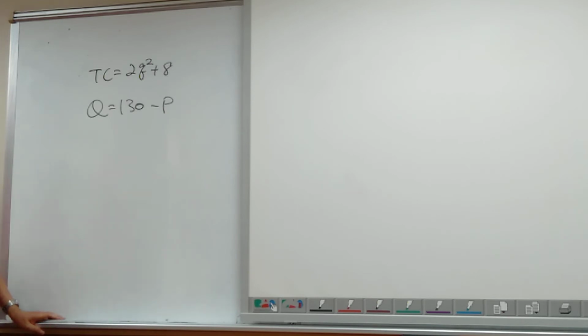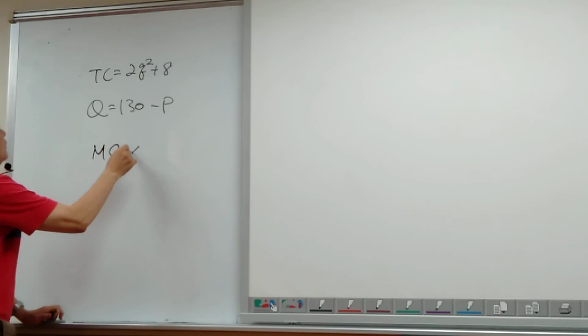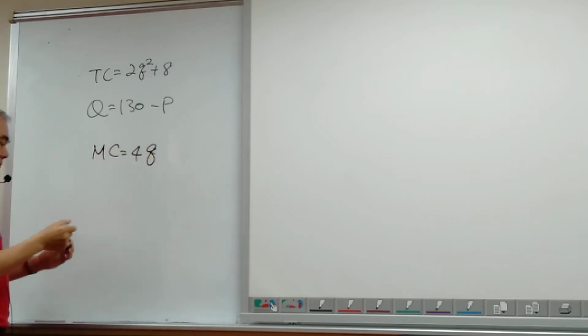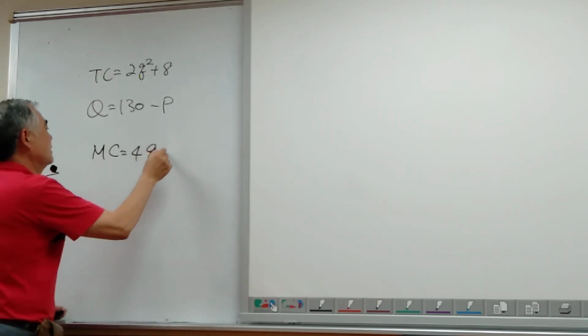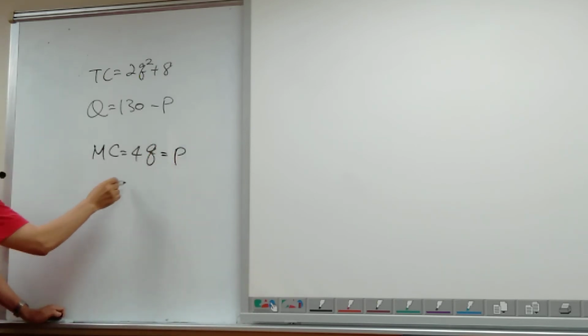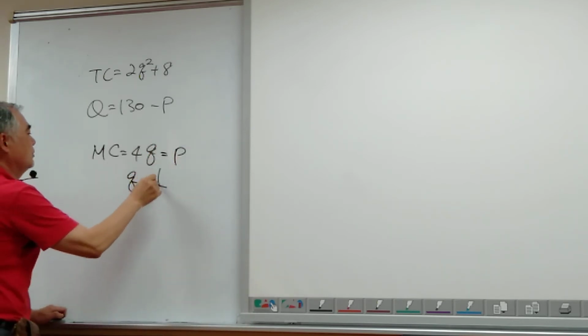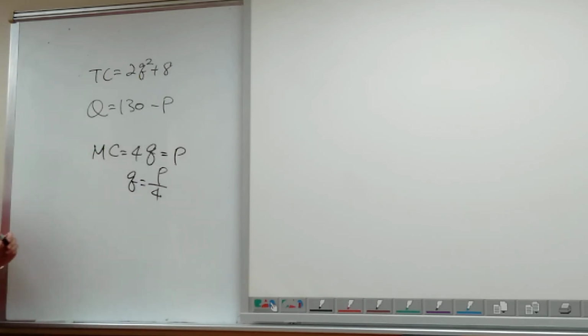So anyway, MC is equal to 4Q, okay? And it is a competitive firm, okay? So MC is equal to 4Q is equal to P, right? So Q is equal to P over 4, okay? Any question to this point?